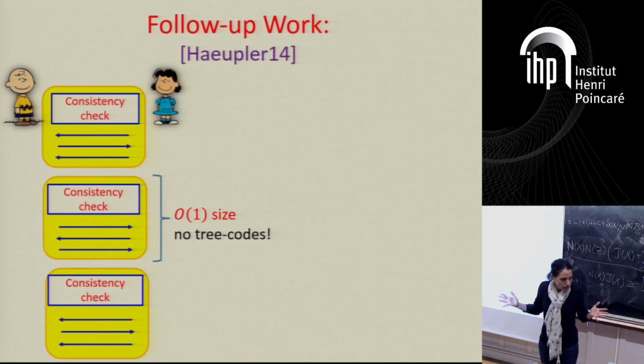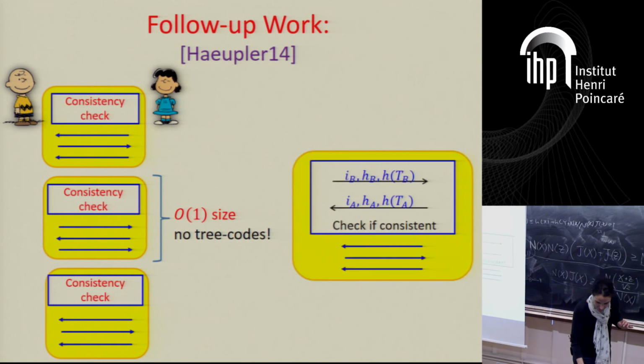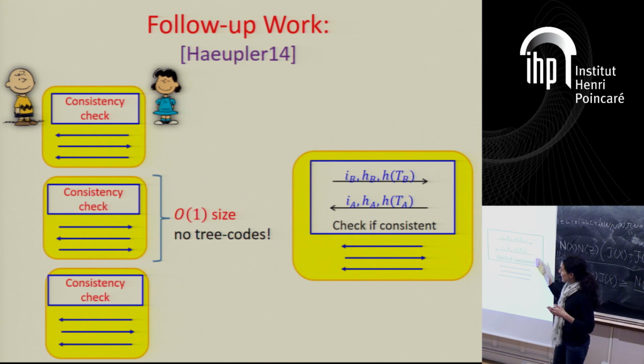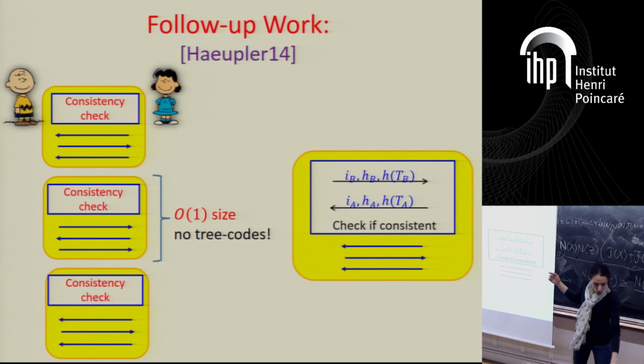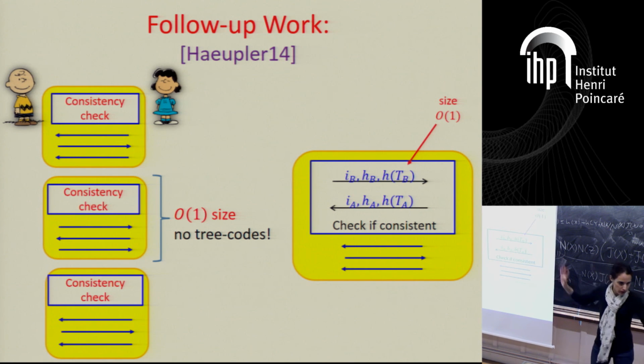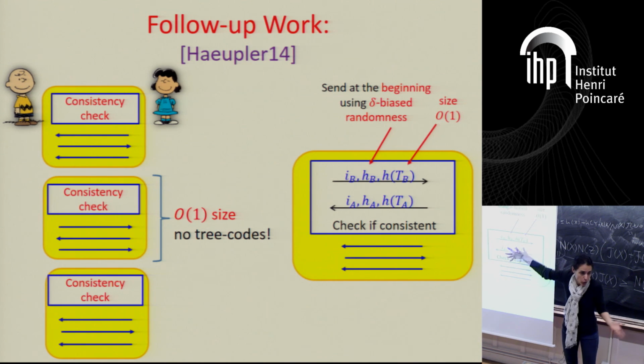And it works. The only thing is that it seems very easy, but it turns out it's really complicated, because now you have only a constant number of bits for the check. How do you do it in a constant number of bits? For the hash, you just output a constant number of bits of the hash, and it works pretty easily. That's not a problem. But the hash is also very big, it's log n. So what do you do with that?